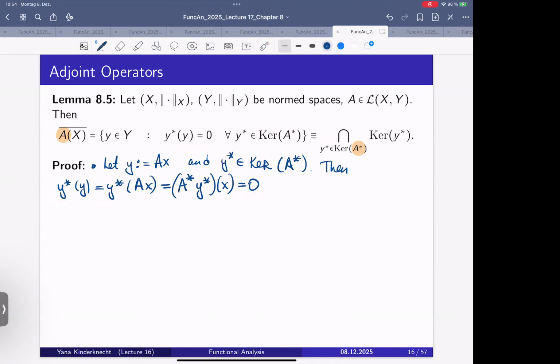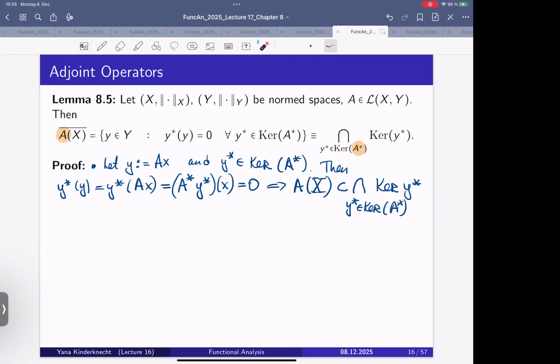This means that such y, which was an arbitrary element of this set, belongs to the intersection of the kernels of y star over all y star in the kernel of A star.